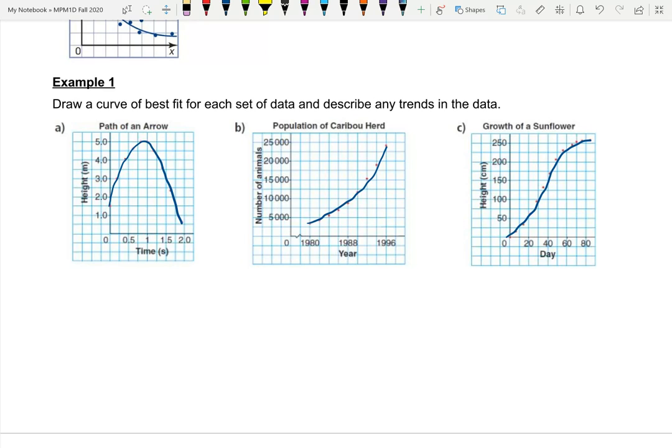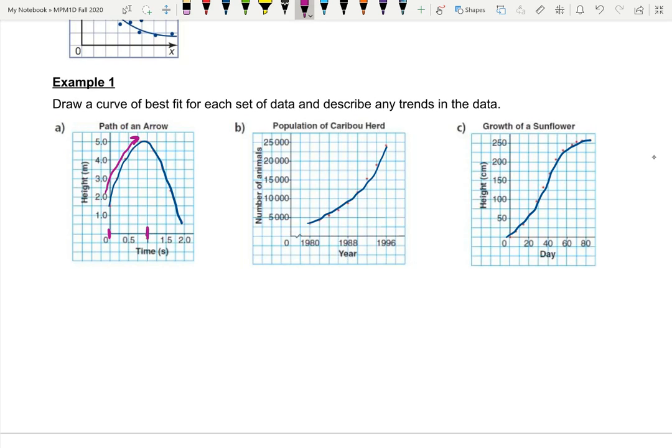So now it's asking us to describe the trends in the data. So remember, trends means the pattern of our points. So I would say that from time 0 seconds to 1 second, our points are moving in an upward direction. The height is increasing.